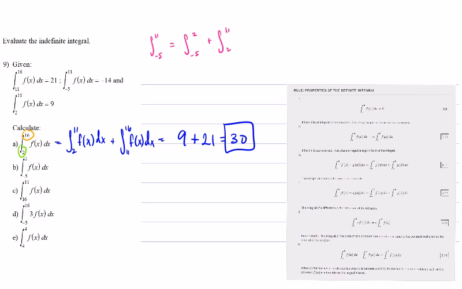So if we want to find the integral from -5 to 2, we can subtract the integral from 2 to 11 from both sides.